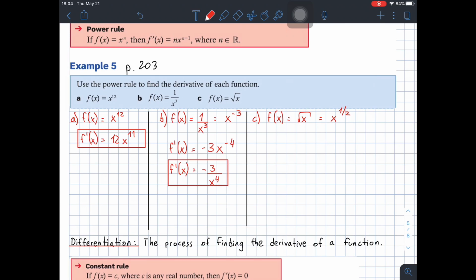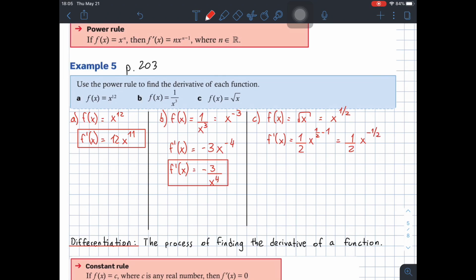So once we have it written this way, then we can apply the power rule, and we would say that f prime of x is equal to, we take the exponent to the front, so this is 1/2 x, and then 1/2 minus 1, let me write all of the process here, 1/2 minus 1, that's actually -1/2, so this is equal to 1/2 x to the power of -1/2, right?